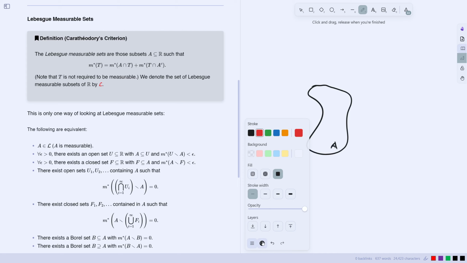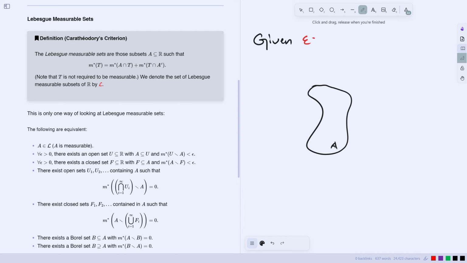And what this is saying is, given epsilon, that's our error, you can view it that way, epsilon greater than 0, I can find an open set, we'll call this U, which contains A, and the error, which is this red right here, right?